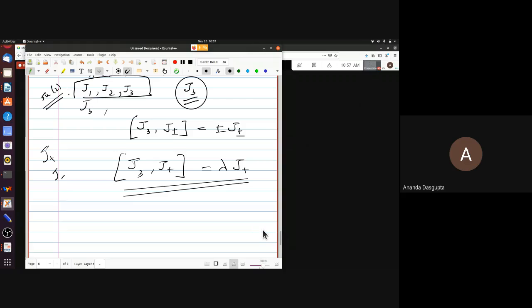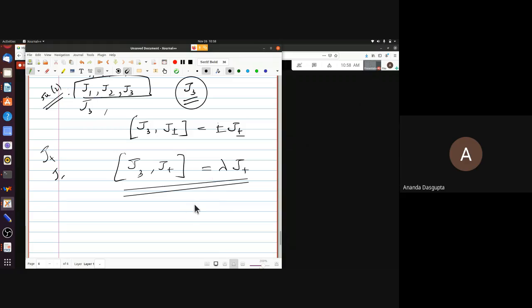At least the right answer definitely looks like this. By the way, I deliberately chose the letter lambda for this reason, to make it look more like this. Eigenvalue. Yes, it looks like an eigenvalue equation, except that when you have an eigenvalue, what you would have expected is some operator sitting here.